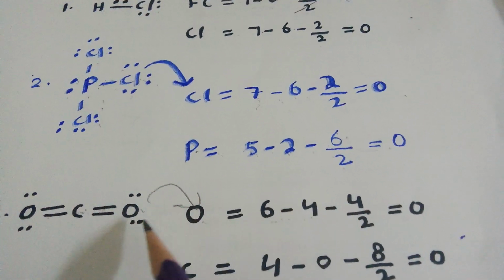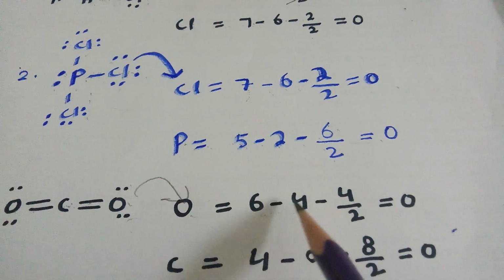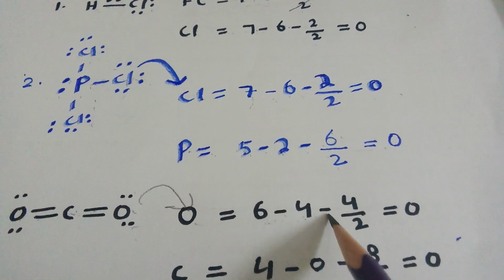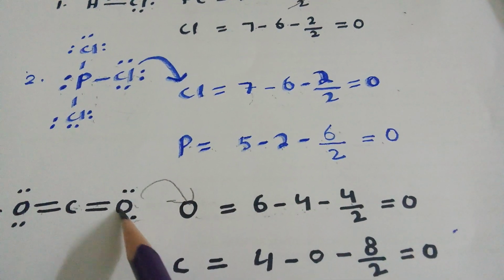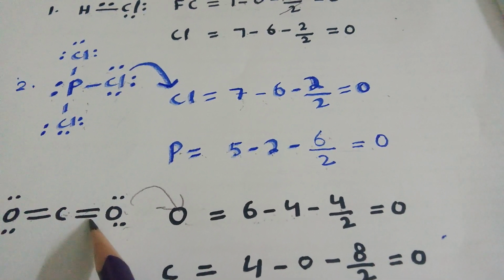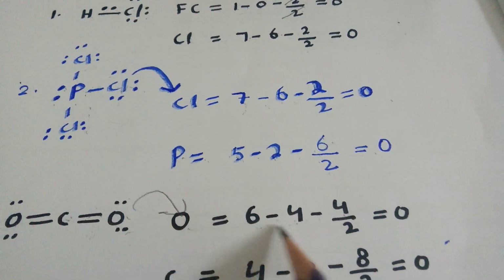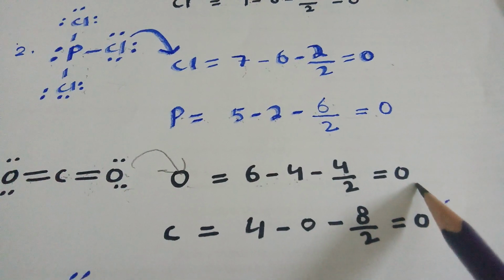Why 4? Because there are 4 non-bonding electrons available on the oxygen atom. And minus, because there are 2 bonds, so there are 4 electrons in 2 bonds. So 4 divided by 2, and the answer will be 0.